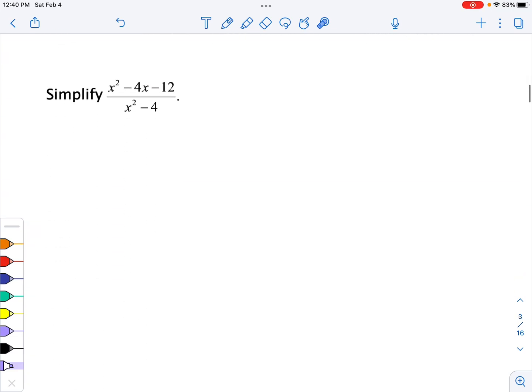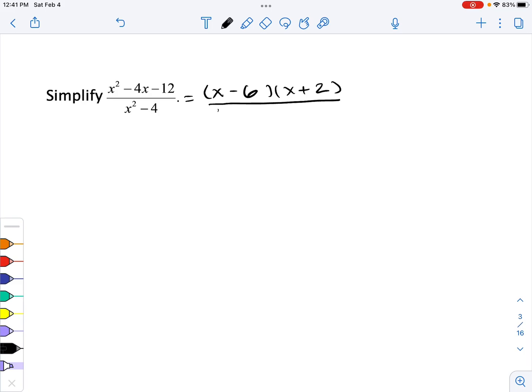So let's do one problem here. Again, don't fall into the mistake that a lot of kids have where they think that they could cross out these x's, and that's completely wrong. So first we're going to factor this problem. What two numbers multiply to negative 12 and add to negative 4? That would be negative 6 and positive 2.